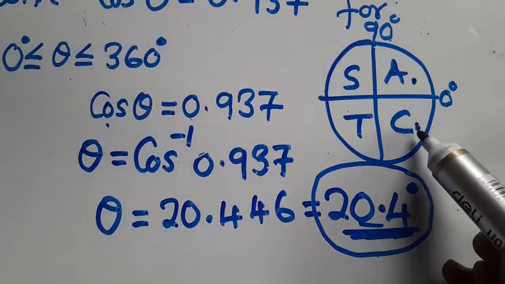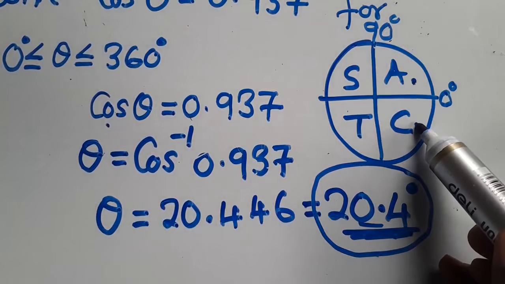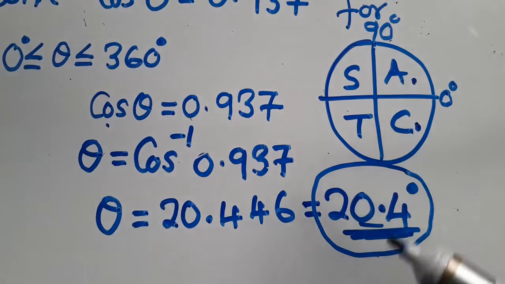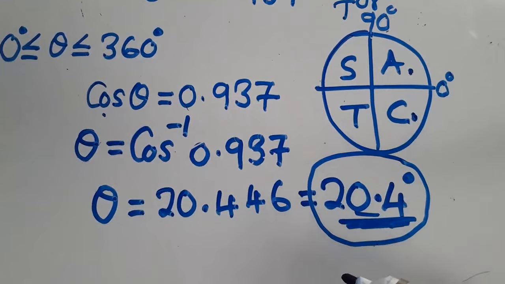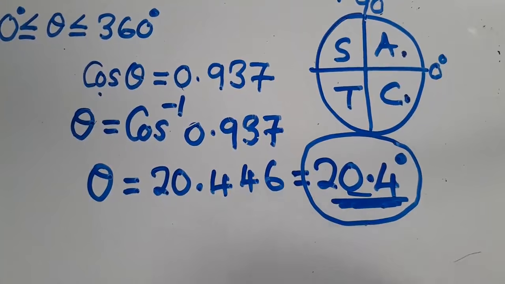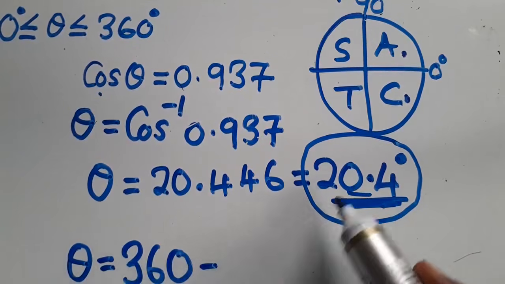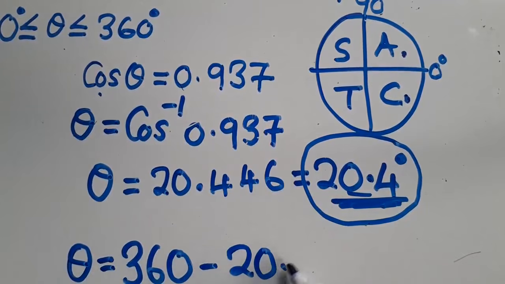Then we said that cos is also positive in the fourth quadrant. So in the fourth quadrant, to give you a secret on how to go about this, you just say that theta is equal to 360 minus the answer there. This is the easiest way to go about this.